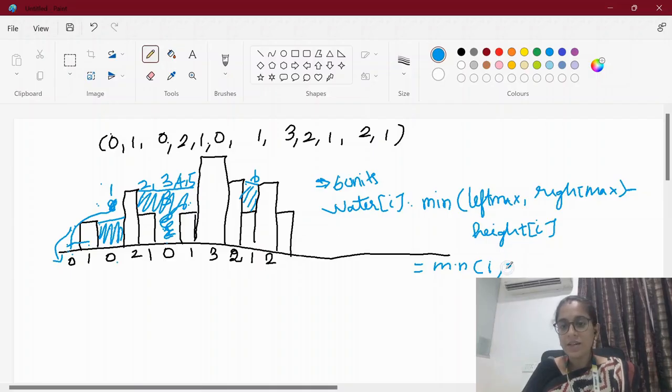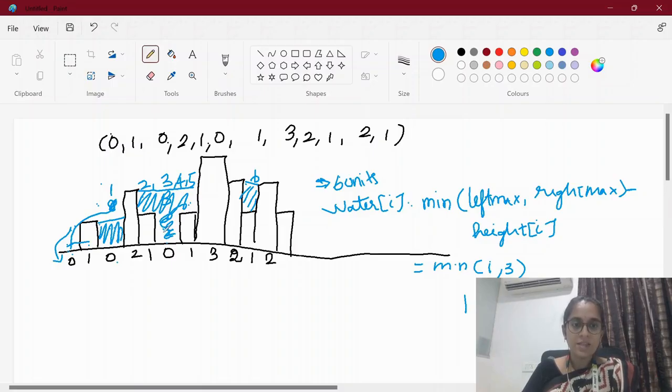So the minimum is 1, minus the current height of this position, which is 0. So 1 unit of water is stored. Like this we calculate.